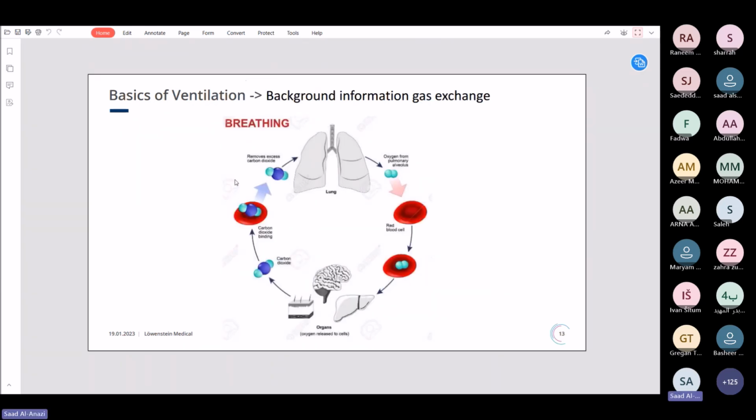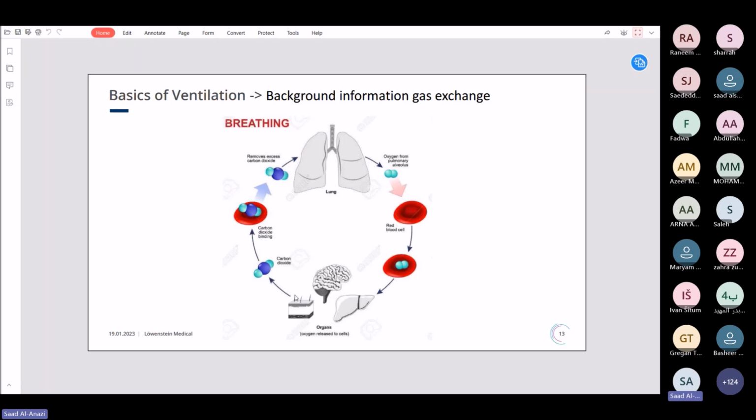As you see here in the breathing system, the background information is the basic ventilation information about gas exchange. It starts with oxygen from the pulmonary alveoli, then carried by the red blood cells to the main organs such as the liver, lungs, brain, and skin.